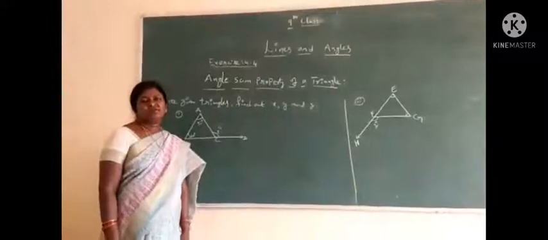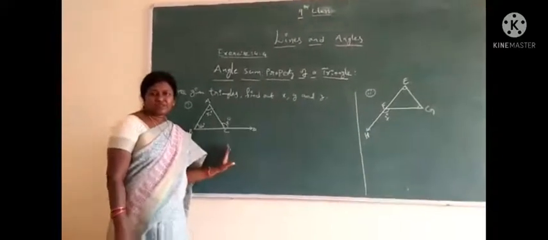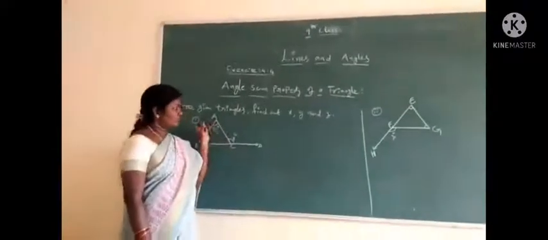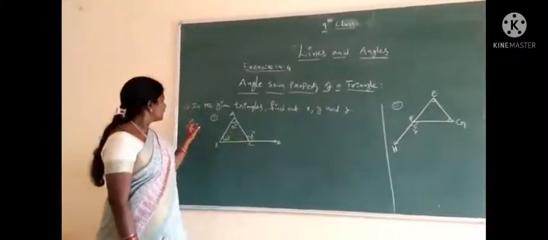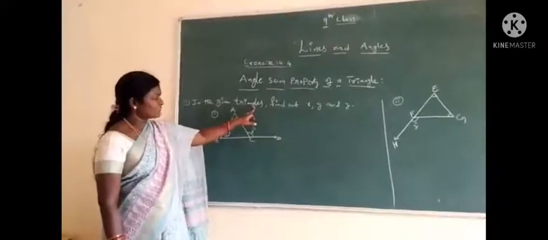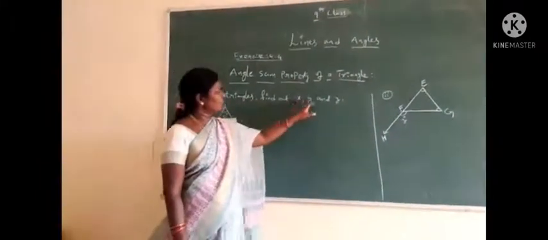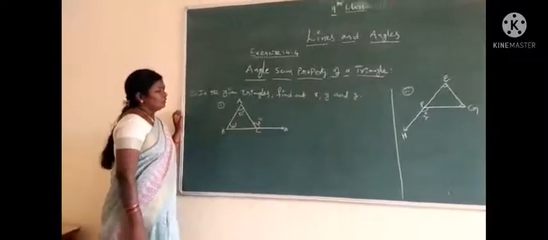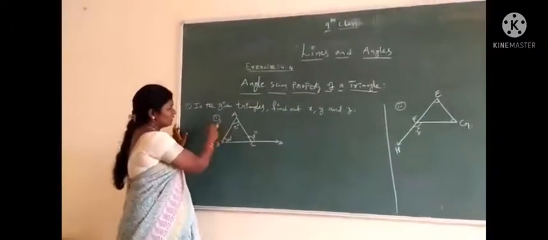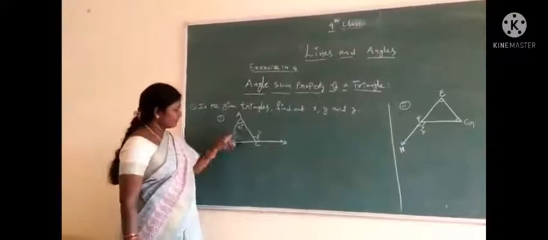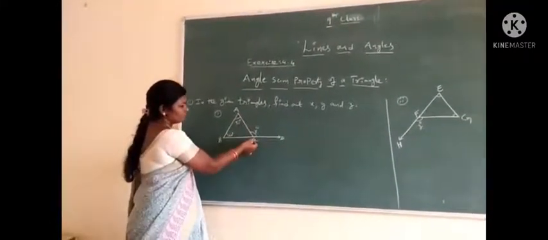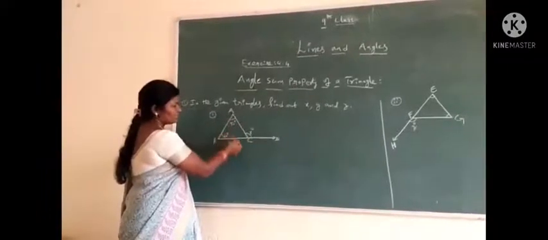Okay students, we are doing some problems in exercise 4.4. So first problem, in the given triangles find out x, y and z. Observe this first figure. A, B, C, D. This is the triangle.